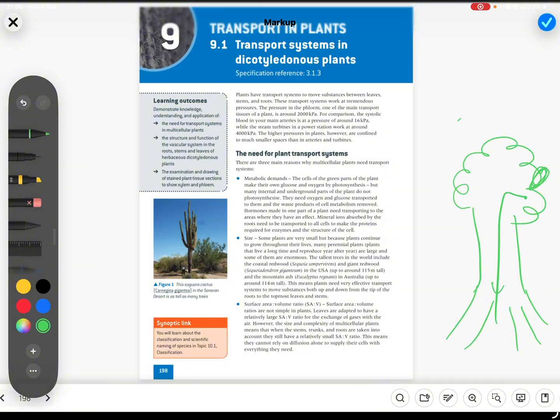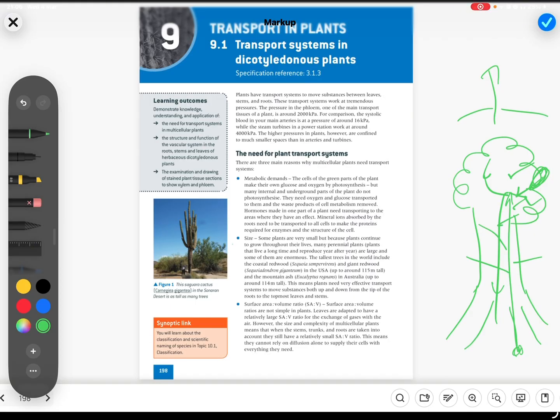The leaves don't get water. In fact, the leaves have the stomata and the water leaves. The roots get the water, but the whole plant needs water. So the roots' water needs to go up throughout the entire plant, all the leaves, everything. That's why you need transport systems. Metabolic demands: different parts need lots of stuff.